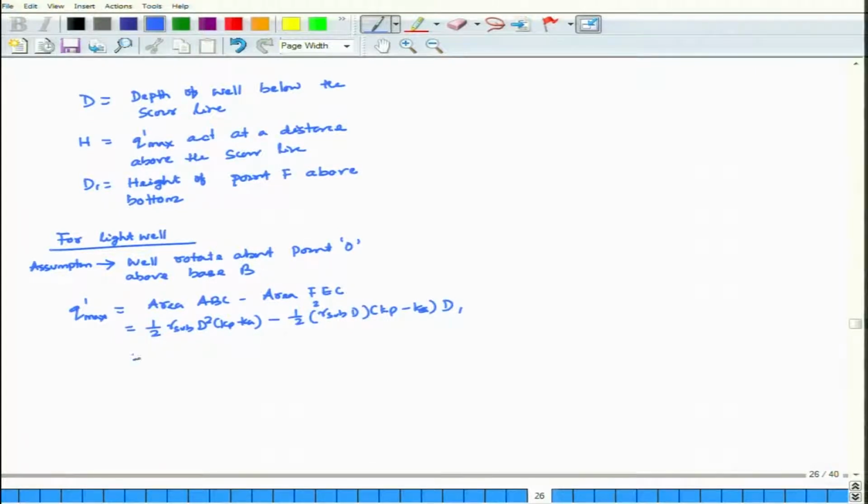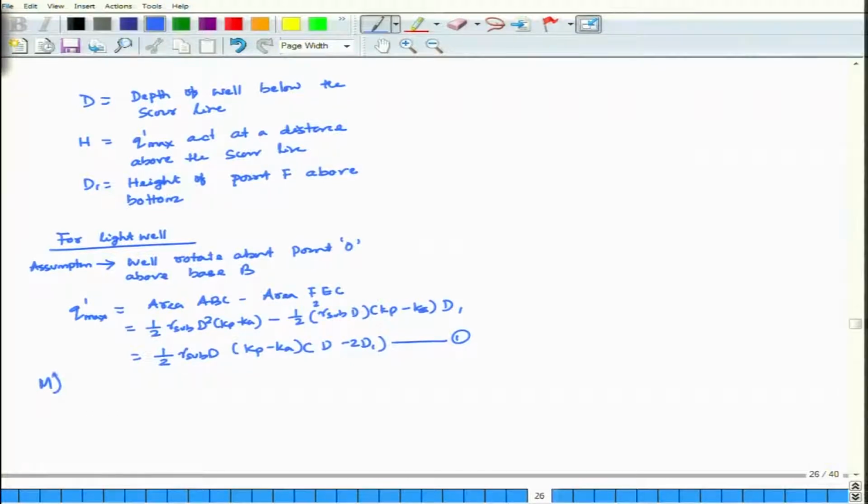It comes out to be half gamma submerged d into (Kp minus Ka) (d minus 2 D1). This is your equation 1.